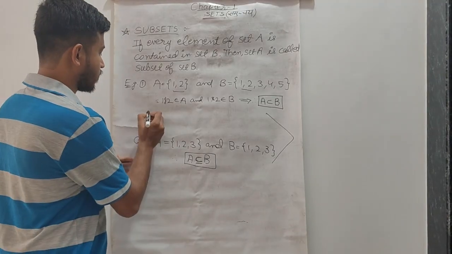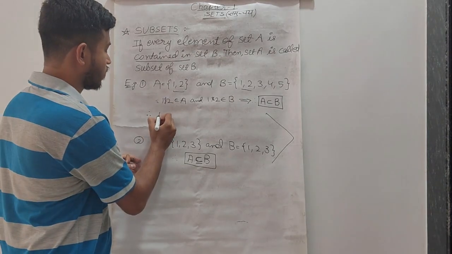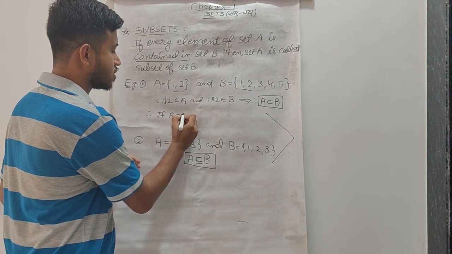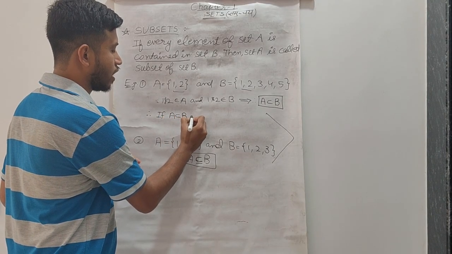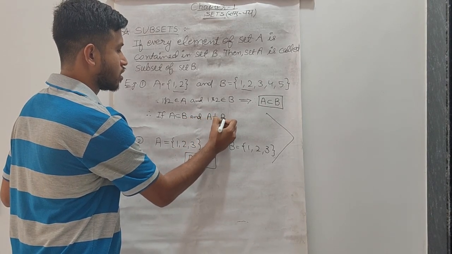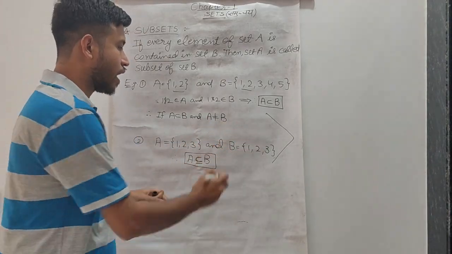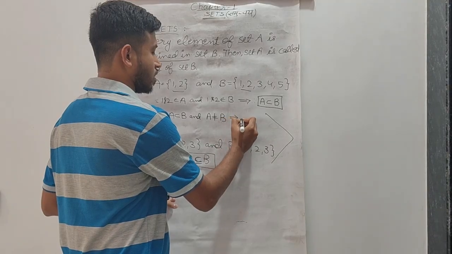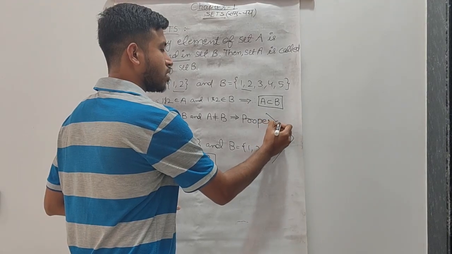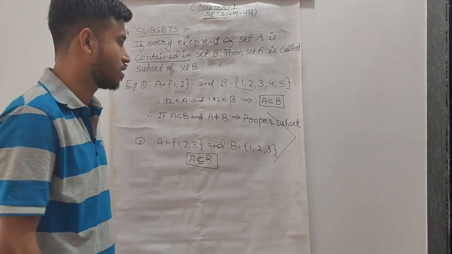I would say if set A is a subset of B and A is not equal to B, meaning the number of elements in A is not equal to the number of elements in B, then it is called a proper subset.